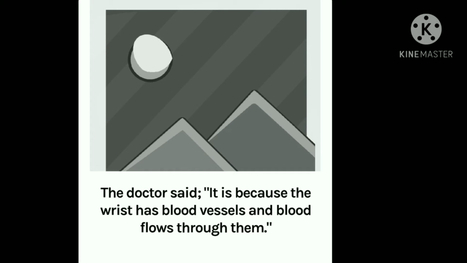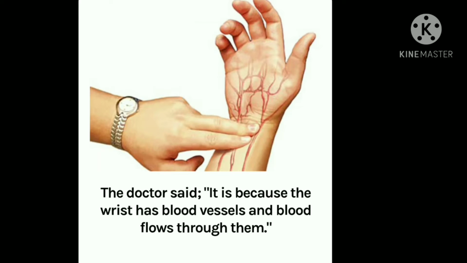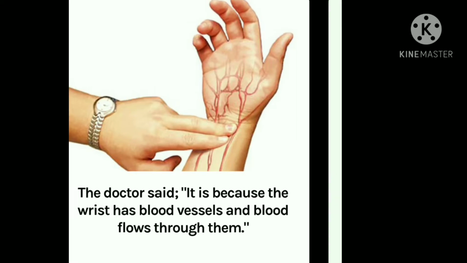The doctor says it is because the wrist has blood vessels and blood flows through them. You also experience the same whenever you go to the doctor. While checking you, first they check your heartbeats.